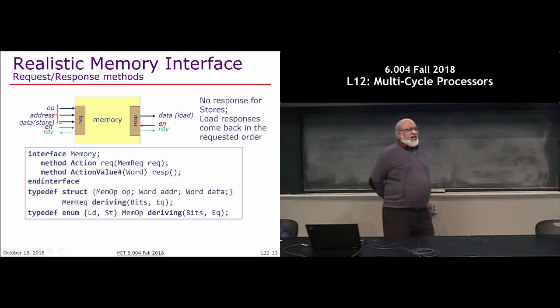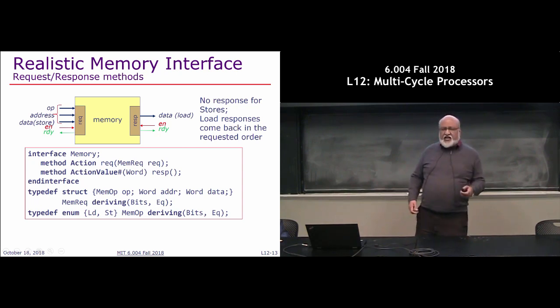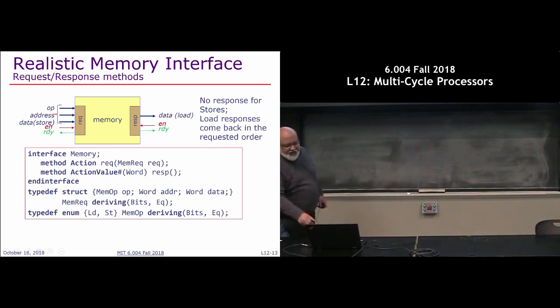The value will be word type again over here, and so there are these two operations that are going on. And because all loads and stores are going the same way, we have to come up with a data structure so that we can feed it. That's what is being shown here. You have a memory op, which can be load or store, and you have to give me an address. If it's a store, then you also have to give me the data.